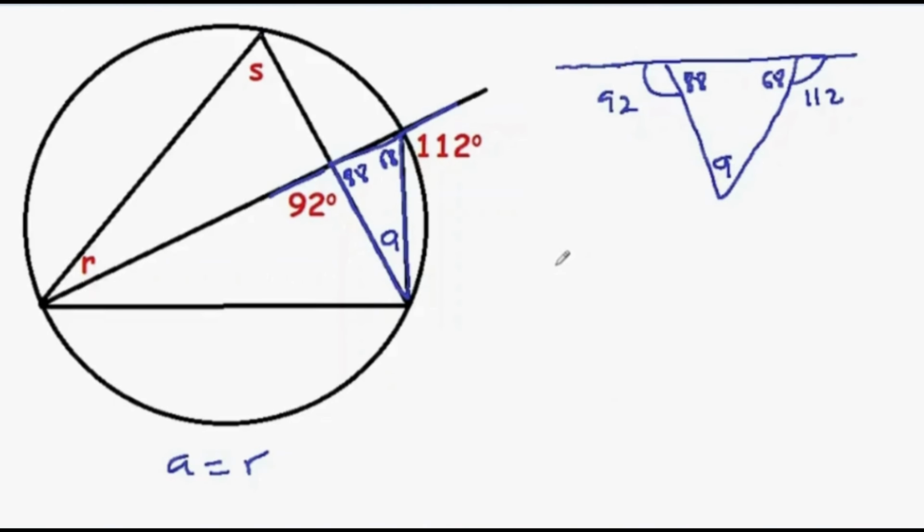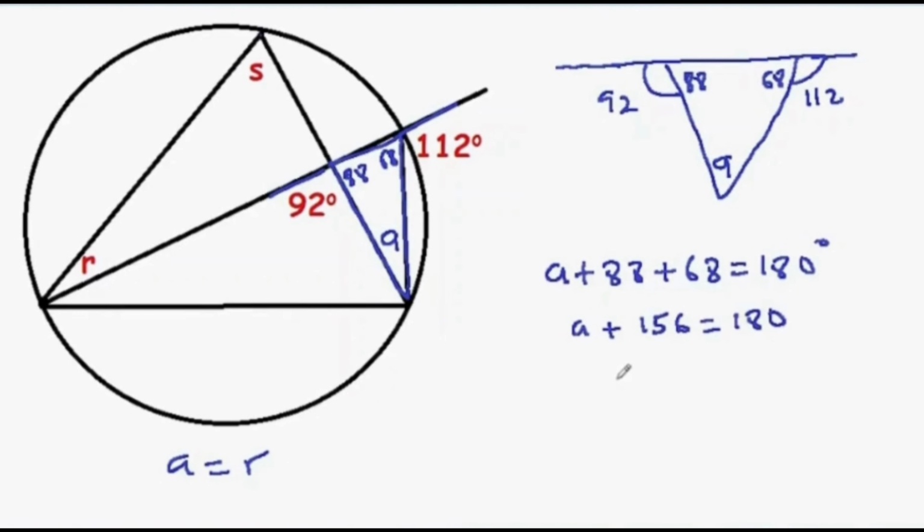Let's proceed to look for the size of angle A. That's going to be the sum of angles in a triangle equals 180 degrees. So A plus 88 plus 68 is equal to 180 degrees. 88 plus 68 is 156 degrees. Subtract 156 from both sides of the equation: we end up having 180 minus 156.